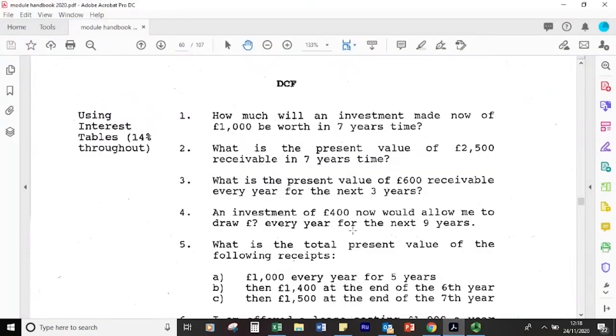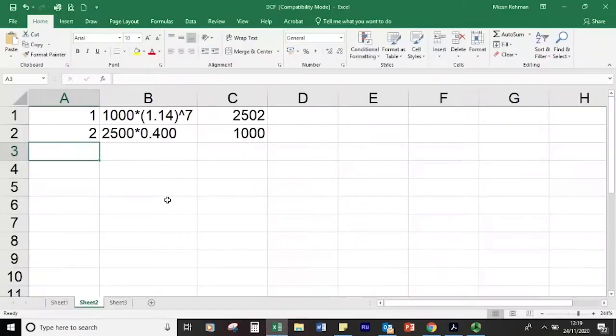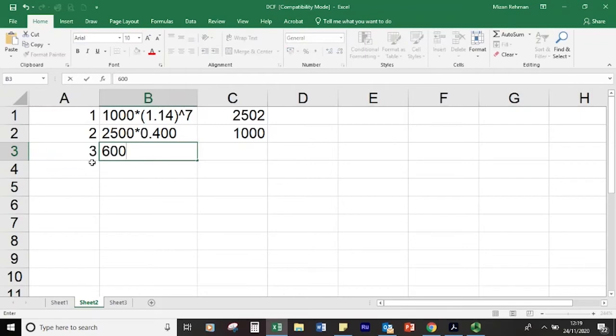Number 3. What is the present value of 600 receivable every year for the next 3 years? So this is an example of an annuity. If you receive something regularly every year, the same amount, it's called an annuity. So how to answer this? Let's see. We have £600 coming up every year. We multiply this with the annuity factor for 3 years under 14%.